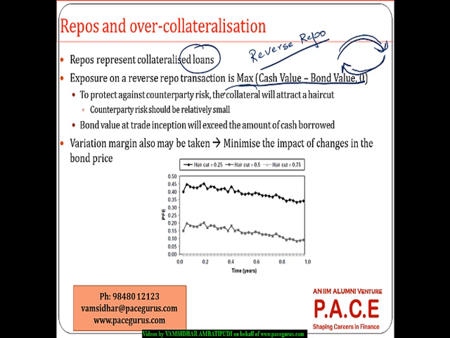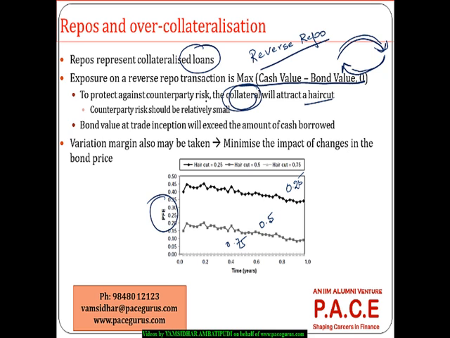And in many cases, to protect himself, the collateral is generally taken with a haircut. And we are seeing here, as the haircut is increasing, this is a scenario with a haircut of 0.25, this is with a haircut of 0.5%, and this is with a 0.75. The higher the haircut that is being put, the projected or the potential future exposure is going lower and lower.